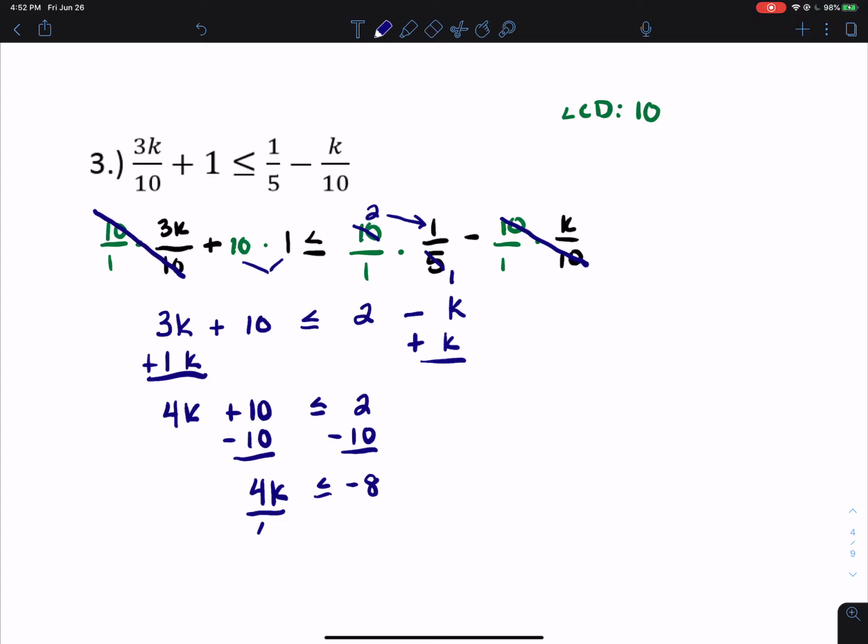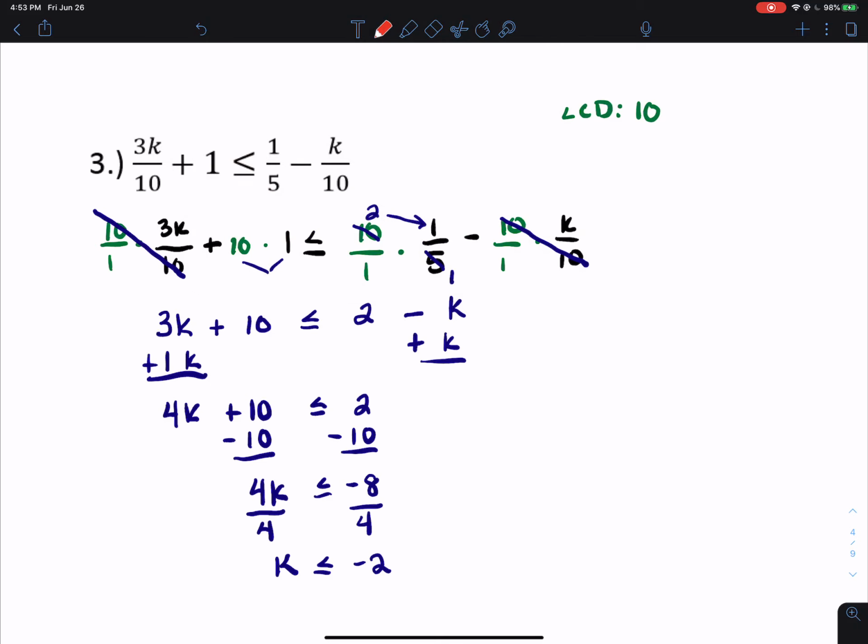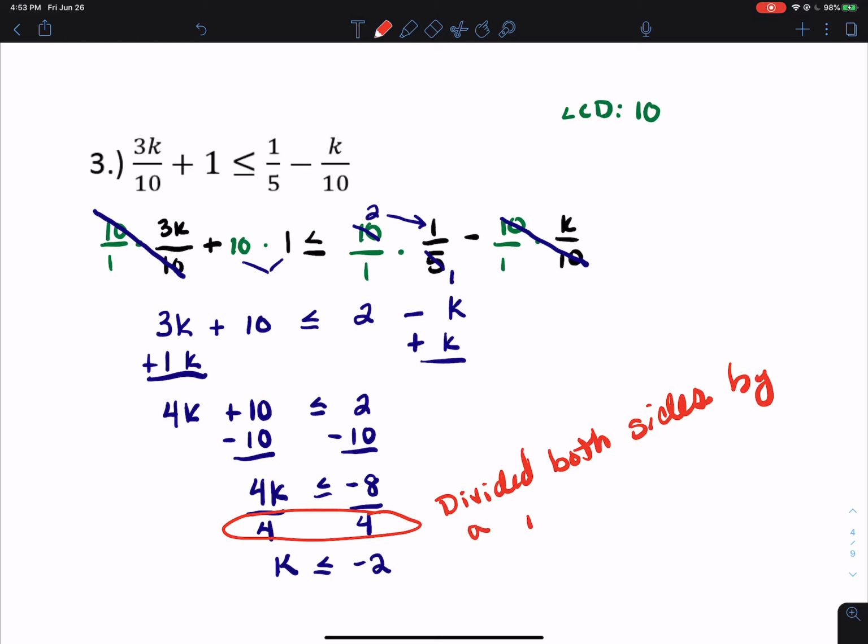To get that k by itself, I divide both sides by 4, so I'll end up with k is less than or equal to negative 2. One thing I want to point out, notice I did not have to flip that inequality symbol because I divided both sides by a positive number. So that means that inequality symbol stays the same.